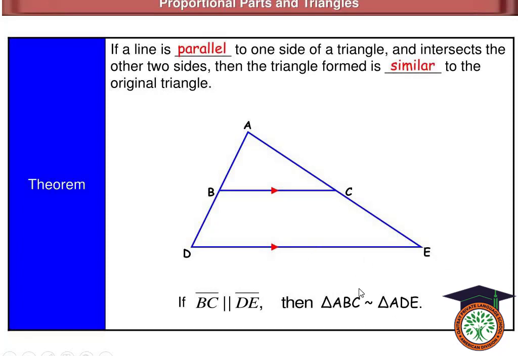And similarity here means that each two corresponding angles are equal in measure and their sides are proportional.